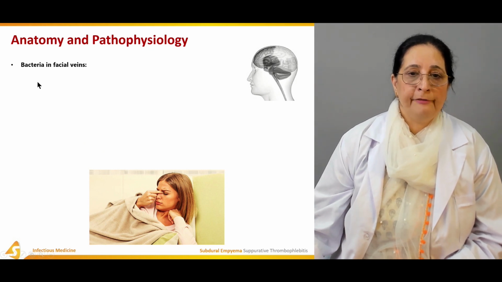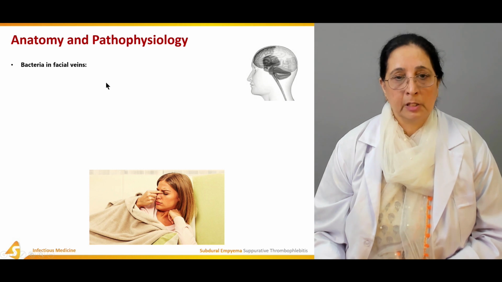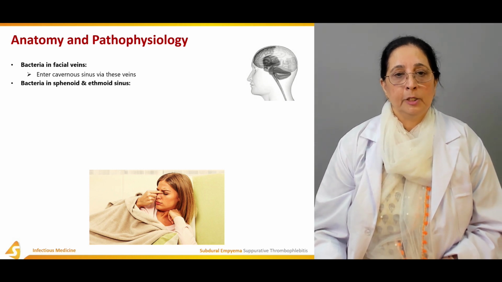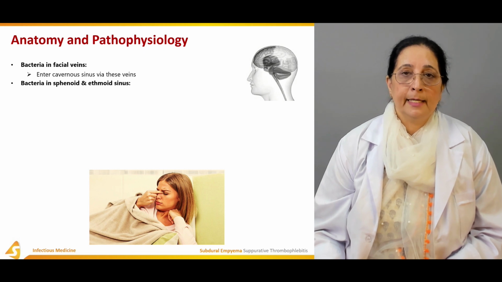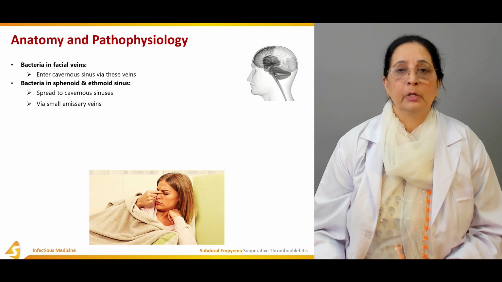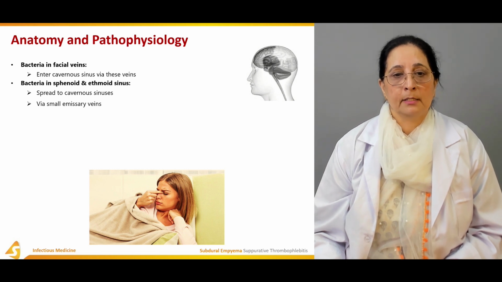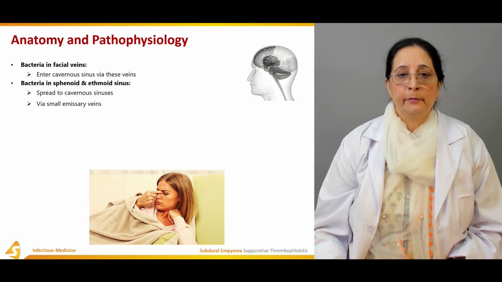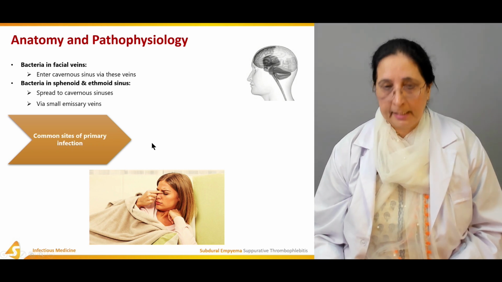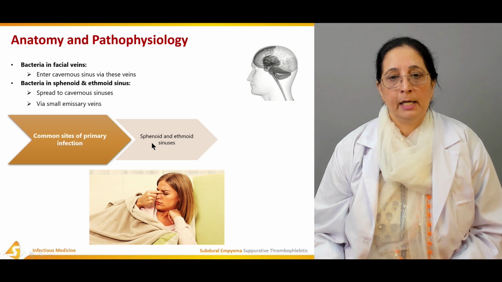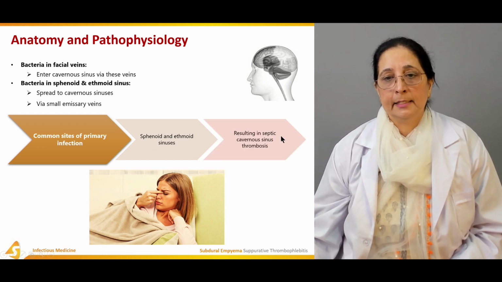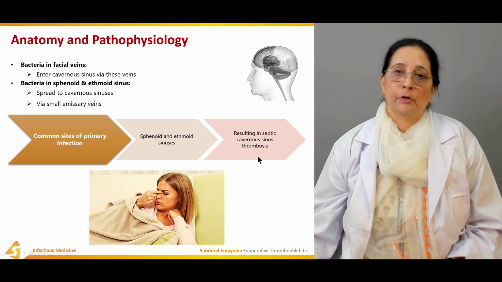Bacteria in the facial vein can also spread and enter the cavernous sinus via these veins. Bacteria in the sphenoid and ethmoid sinuses spread to the cavernous sinuses via small emissary veins. The common site of primary infection in this case is the sphenoid and ethmoid sinuses, resulting in septic cavernous sinus thrombosis.